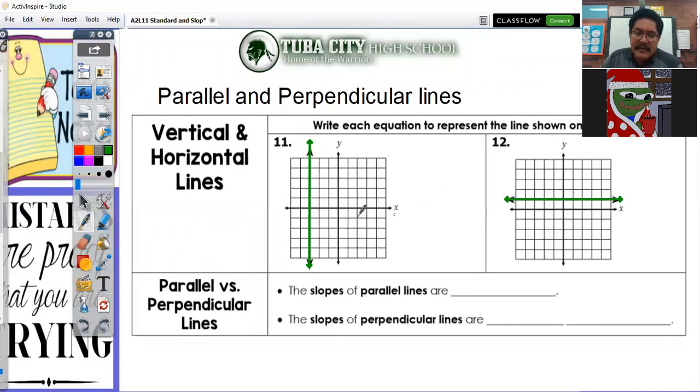In this case, one easy way that you can remember this is if you are missing a letter, then your line does not touch that axis. So if we have y equals mx plus b, we should not have a y, because see how it doesn't touch the y-axis?